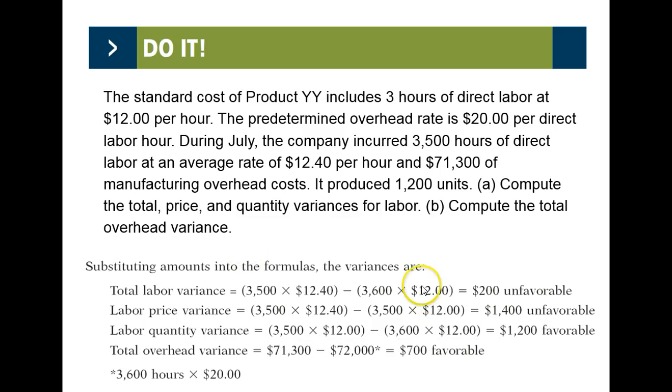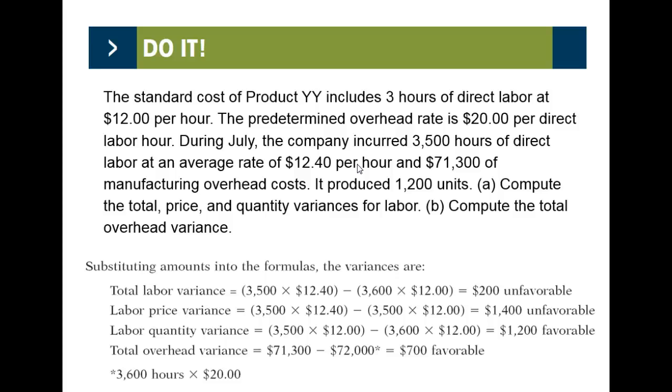Do you see how overall the total overhead variance is 71,300, which is the actual cost, and our standard overhead is the 3,600 hours we anticipated we needed, times our standard of $20 overhead rate per hour? Okay? Does that make sense, guys?